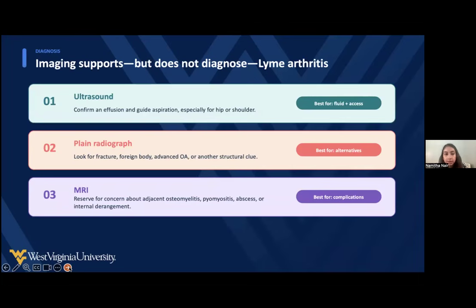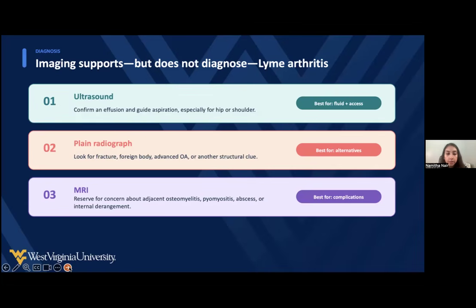How about imaging? So, we do ultrasound nowadays for the joints. We can especially use that if you're trying to aspirate and you're having difficulty, or if it's an atypical joint involvement, like a hip joint or a shoulder. So it helps to confirm the presence of fluid and also get access for aspiration. You can do an X-ray there. You're trying to rule out other alternatives, like is there a fracture?